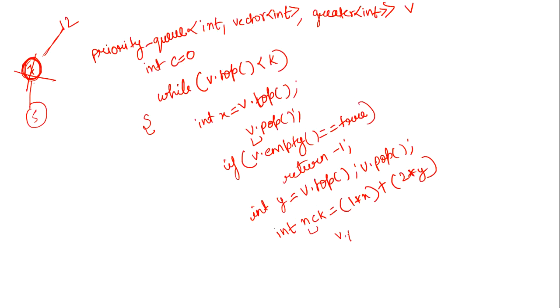For inserting we have the push function, so v dot push and ck. Now you don't have to do anything because it will heapify and arrange the things. You don't have to take a loop and compare and insert this new ck variable at its proper location. So we don't have to worry about this.